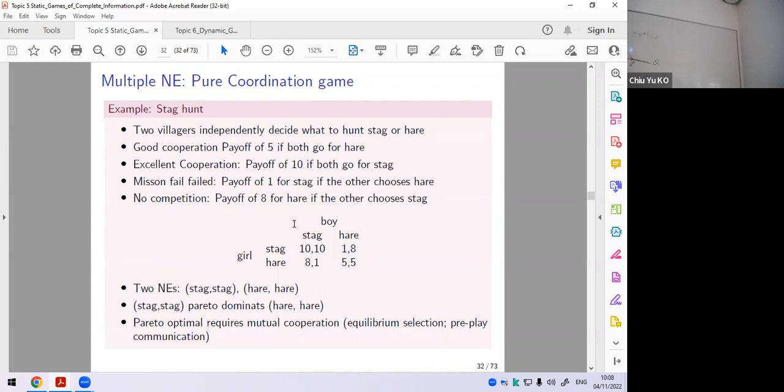So what we expect to be, all of us probably want this one, right? But this one is also possible. Actually, this is related to the idea of what we call the sunspot equilibrium in macro, right?